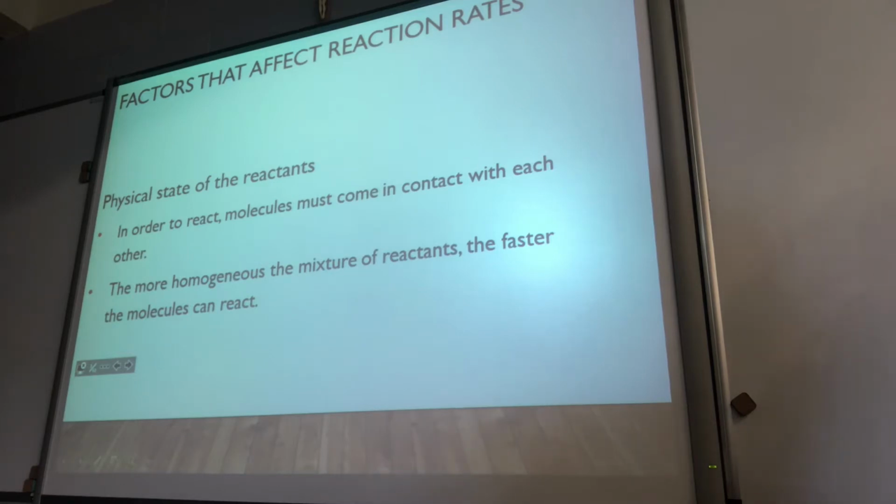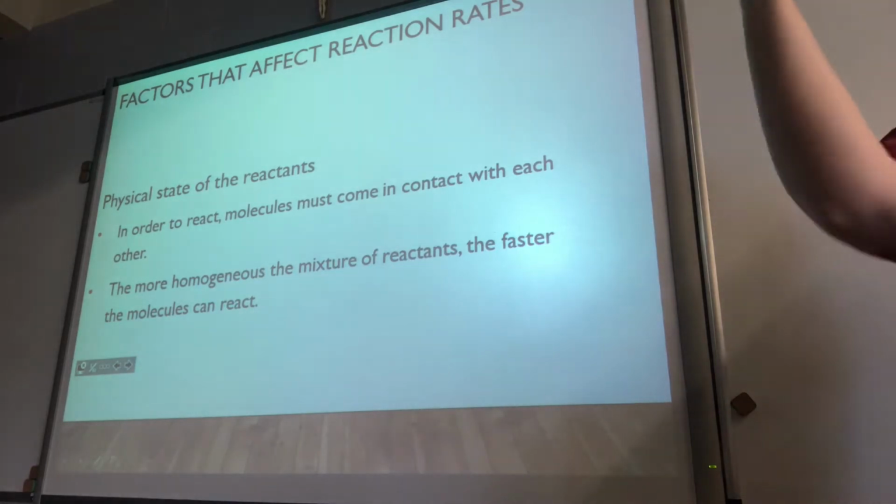If we're trying to get 2 solids to react, it's going to, by definition, take a lot longer because those 2 things have to come into contact with each other. And by those 2 things, I don't just mean the 2 chunks of metal that you might be trying to put together. What I mean is that every piece of the one object has to come into contact with every piece of another object, right?